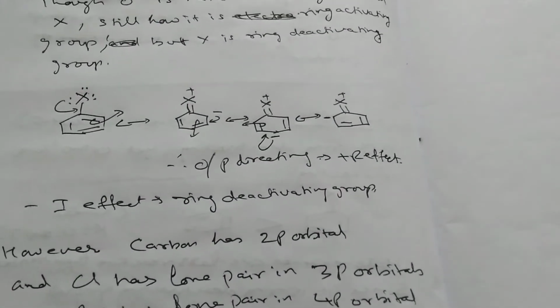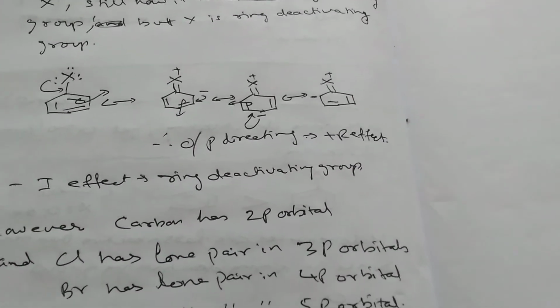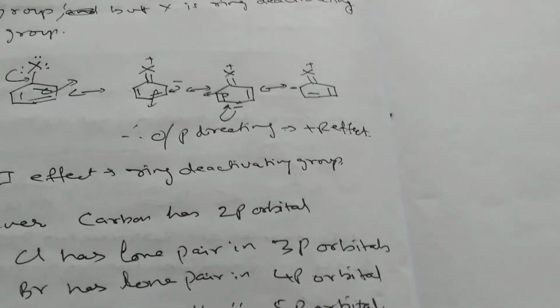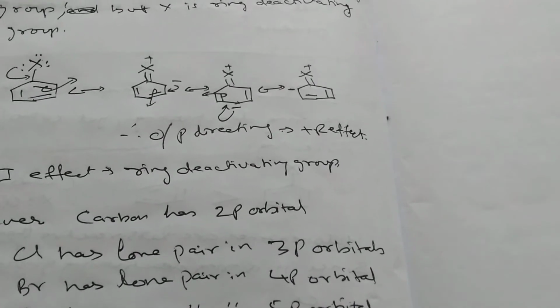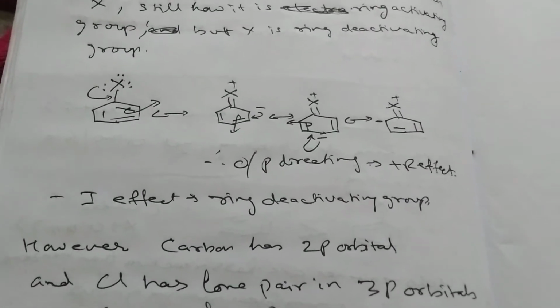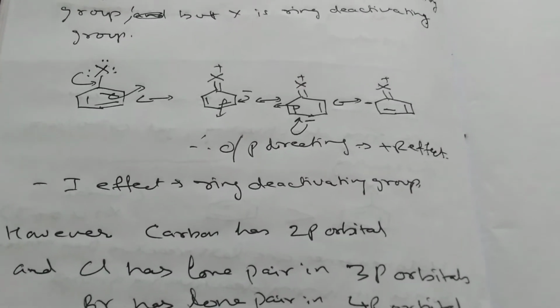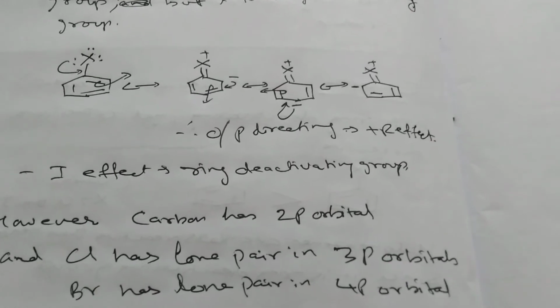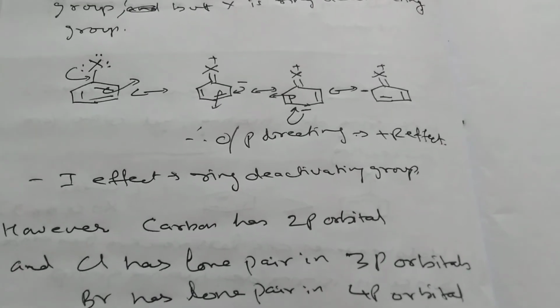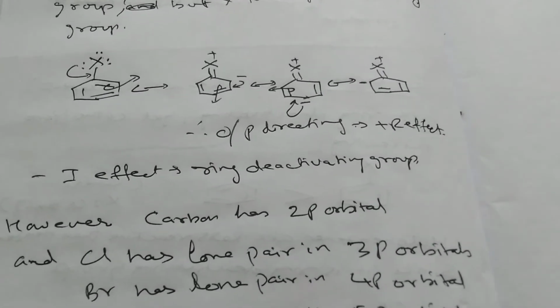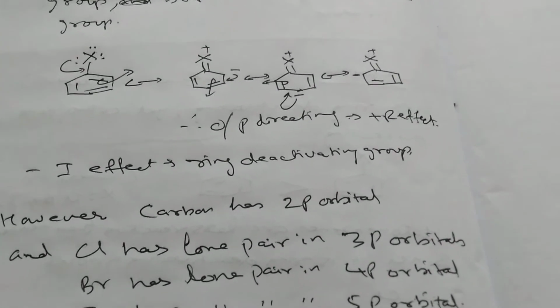If it is ortho-para directing, we know for sure, I told you so many times, there is no comparison between a resonance and an inductive effect. If the resonance effect is there and it is showing plus R effect, and then the minus I effect is there, then plus R effect should be much stronger than minus I effect. It should be ortho-para directing. Why here is minus I effect stronger than plus R effect?